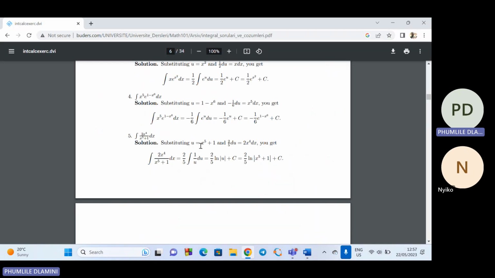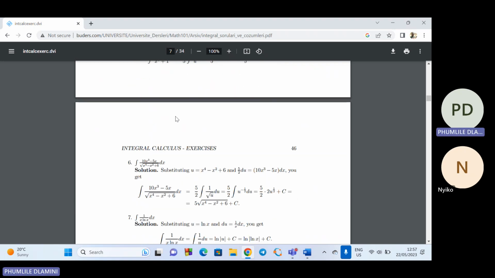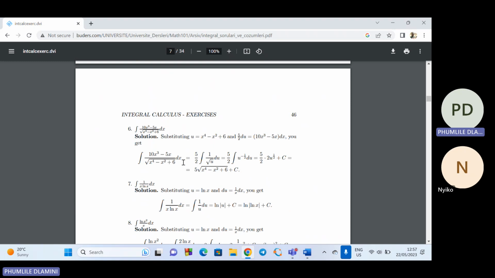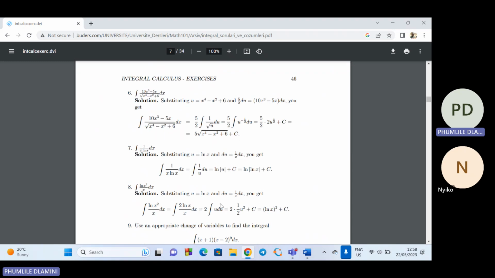So at least this document that I'm going to send you has the solutions. So you will work with this one. For integrals, start with a simple one. Yes, I think that will be better.